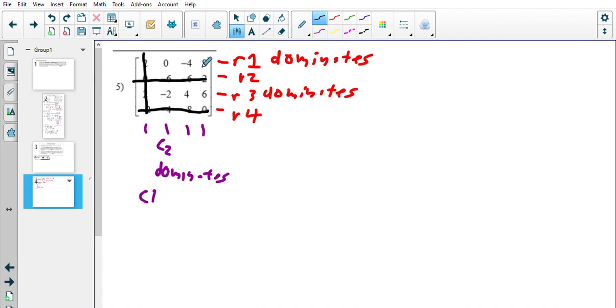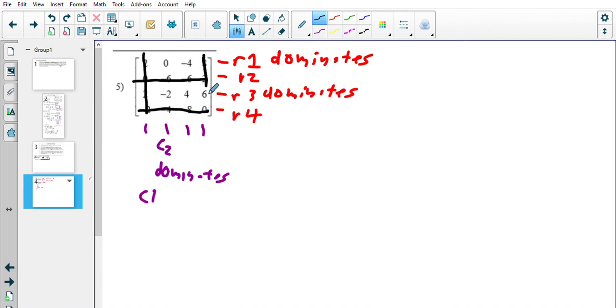And let's see what else we have. Let's look at the third and fourth columns. -4 is less than 8 and 4 is less than 6. So column 3 dominates column 4. You can also look at column 2. 0 is less than 8, -2 is less than 6. So both of these columns dominate column 4.